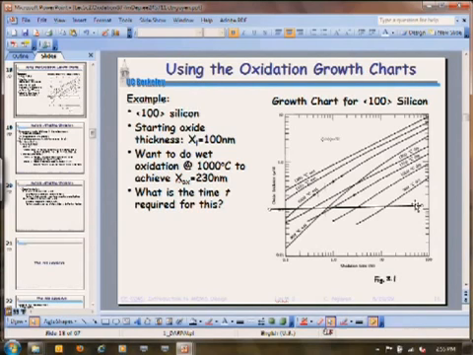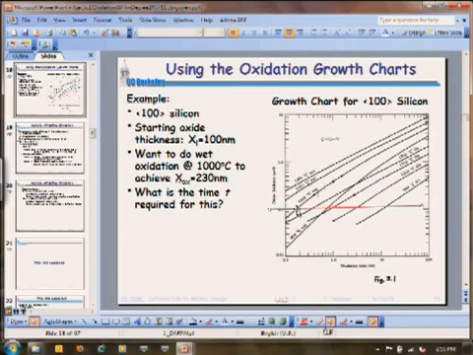And so if I want to grow at 1,000 degrees using wet oxidation, then I need to find the amount of initial time required to get that 100 nanometers of oxide, and I can do that by just drawing a line here, right at that point there.